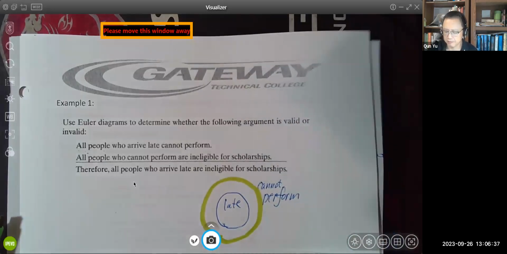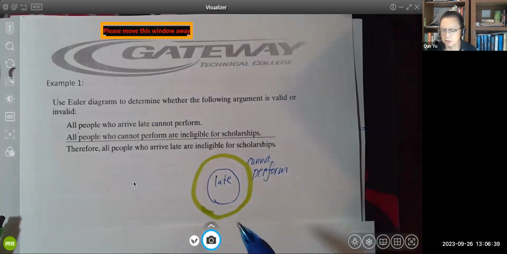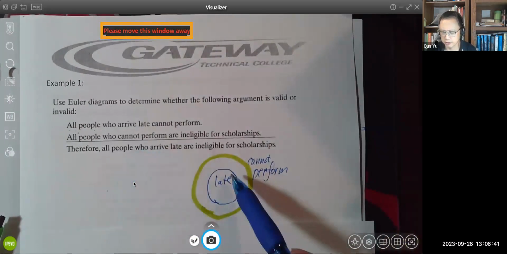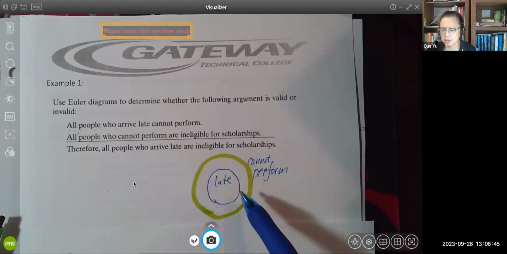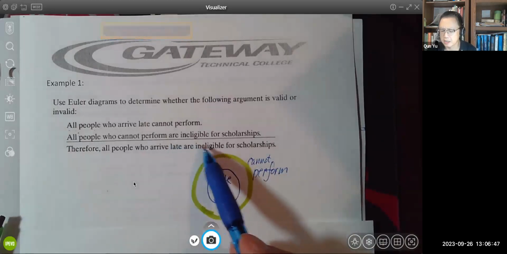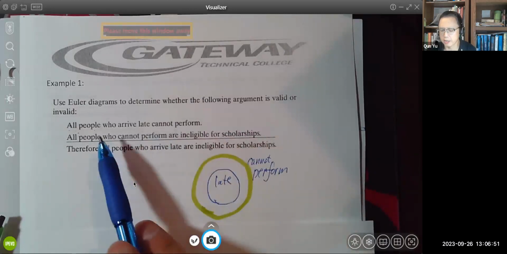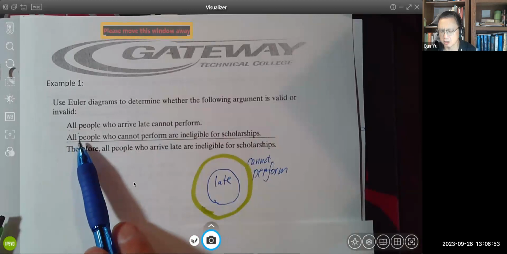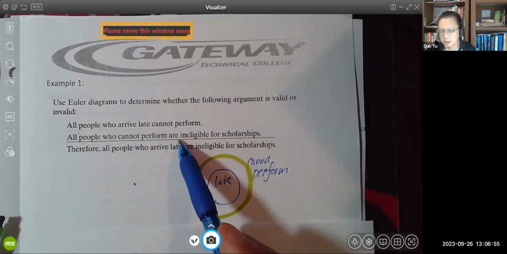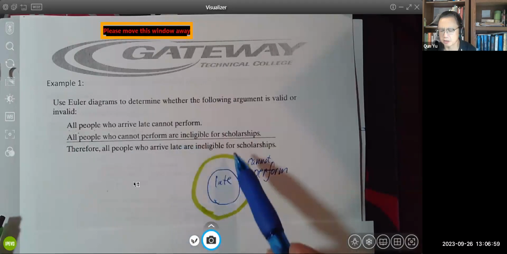Now the second one: all people who cannot perform, which means those people inside the green circle, are ineligible for scholarships. This is a new circle. All A are B model again, start with all. So our B here represents those people who are ineligible for scholarship.